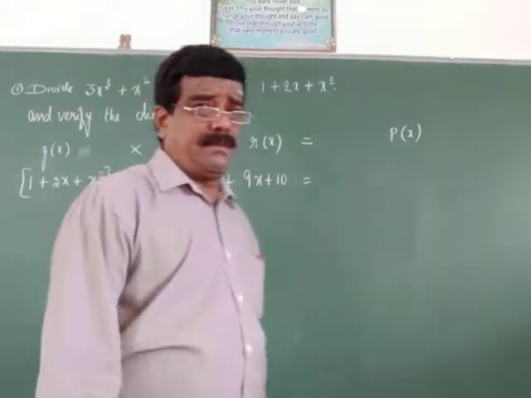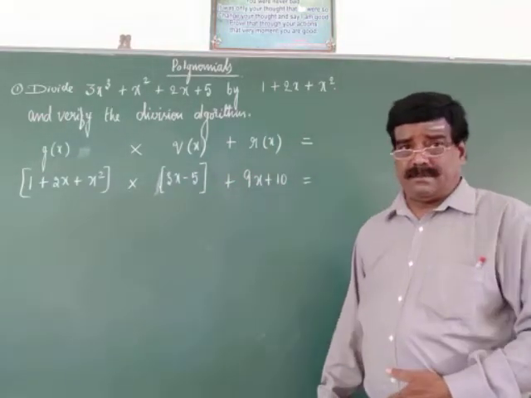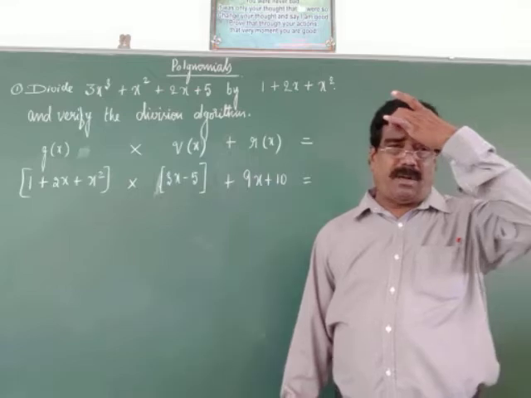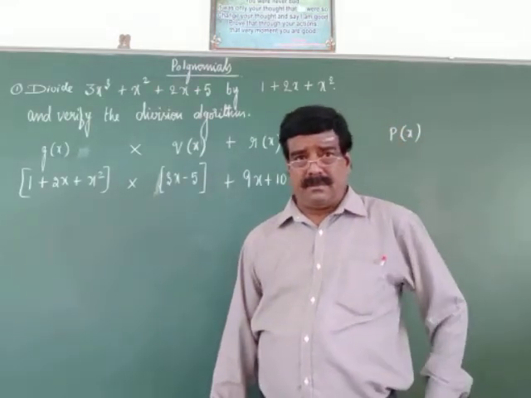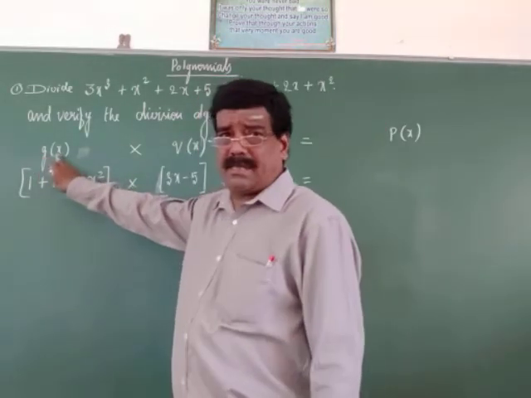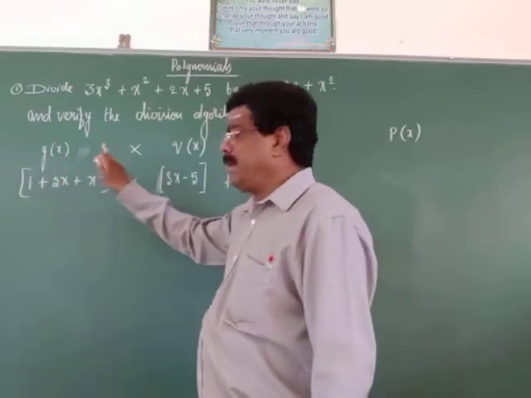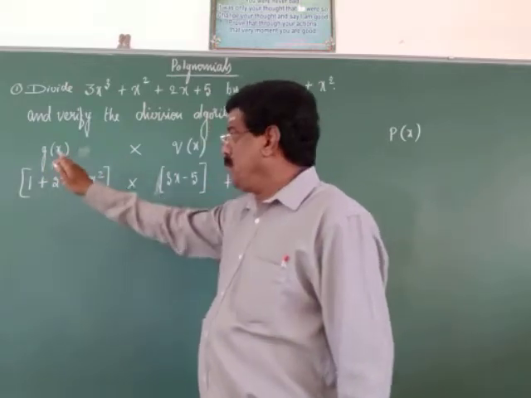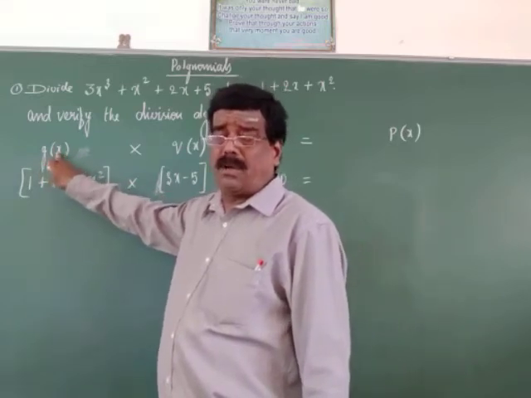Here children, please learn to write the expressions neatly, because if you go on writing as you like, you will not understand. Try to observe here. Just have written g of x. After writing g of x, don't write into immediately, because we don't know how long this g of x polynomial is given, whether it is a binomial, trinomial or linear.